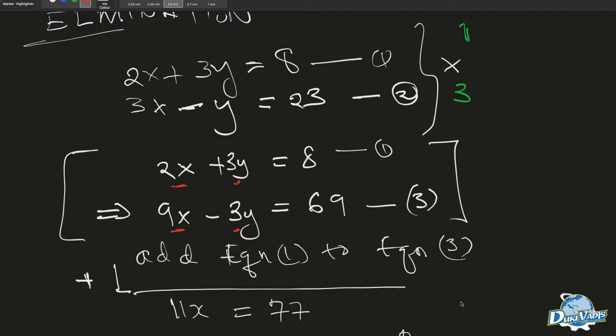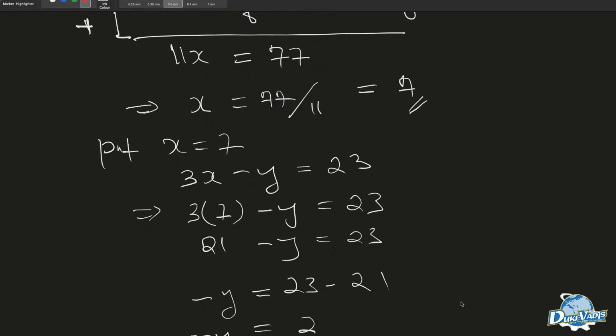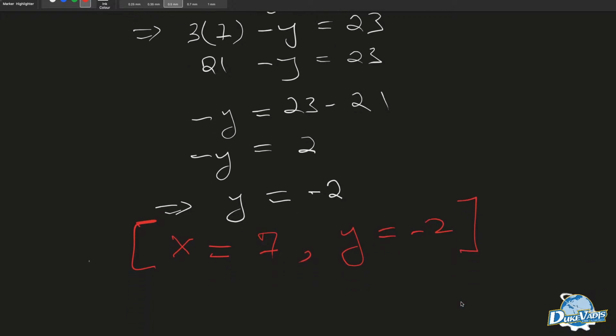After that, we added them together, and our value for x is 7. We put x equals 7 into our equation 3x minus y equals 23. Then finally, this is the answer we got.